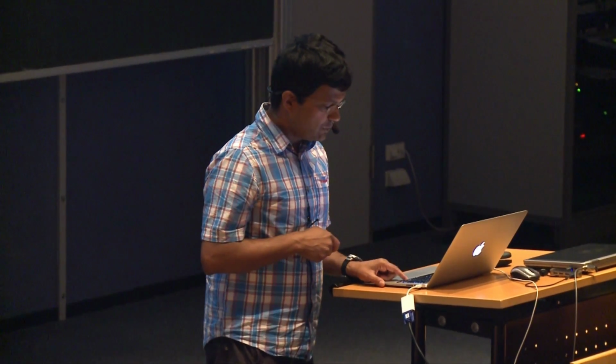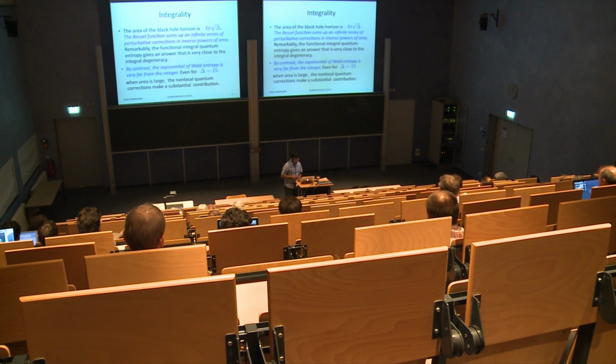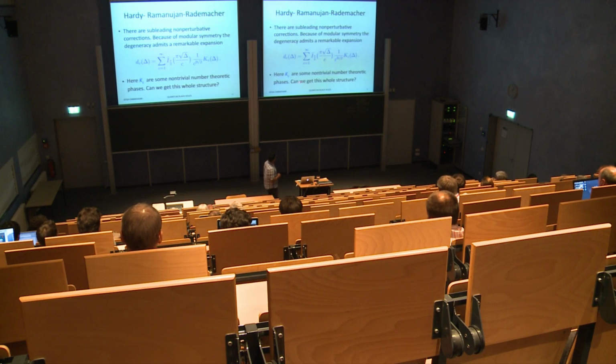Now, more interestingly, you might ask, why do we not get a precise integer here? Why don't we get 8? And can we even fix this problem? It turns out that actually we can, because the counting function that I told you is some modular form.